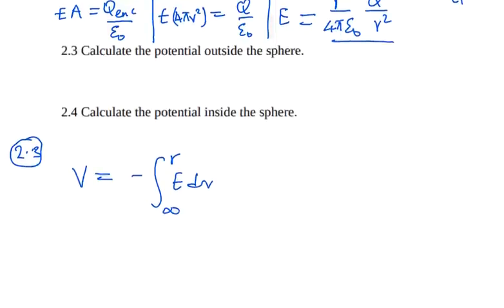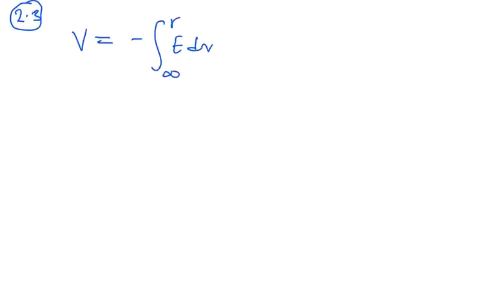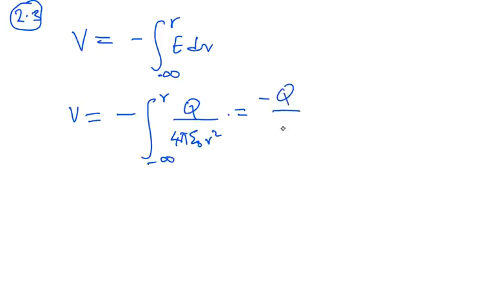So my V will be equal to the minus integral from infinity to R of Q divided by 4 pi epsilon naught R squared dr, and we can factor out the constants, which is minus Q divided by 4 pi epsilon naught.